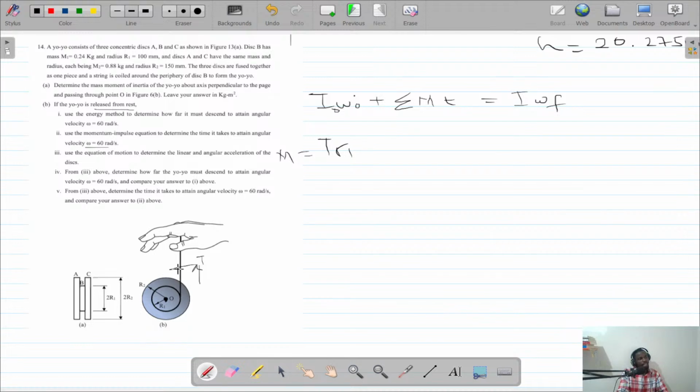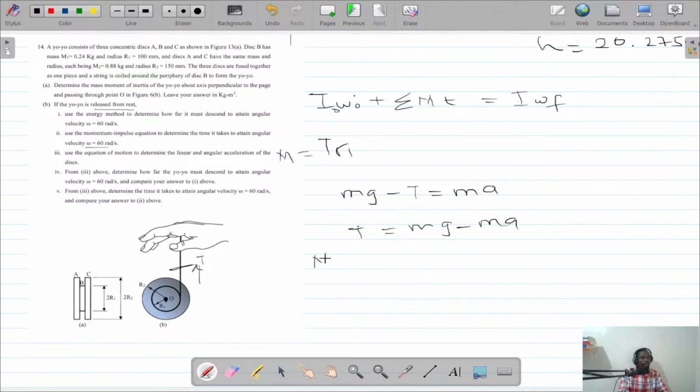If you draw the free body diagram, you're going to have mg minus T equal to ma. So T will be equal to mg minus ma.